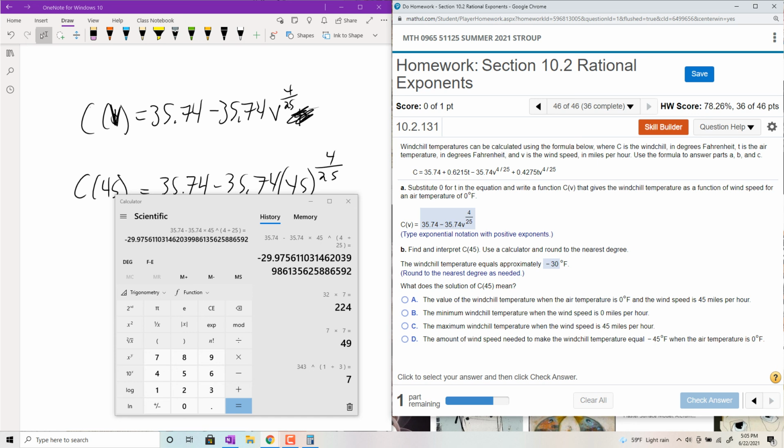No. The amount of wind speed needed to make the wind chill temperature equal negative 45 degrees when the air temperature is 0. Yeah, okay. So we plugged in 0 for T, and apparently T is temperature. So it just seems 45 is the wind speed, 0 is the temperature, and negative 30 is the chill.